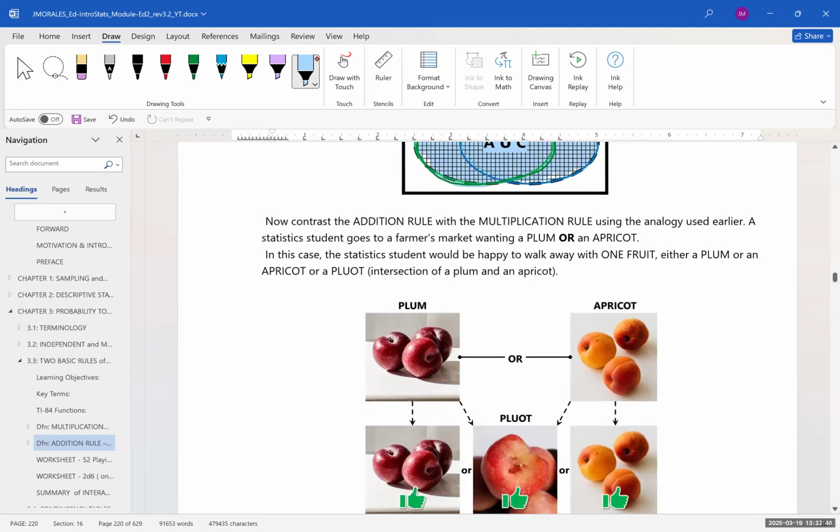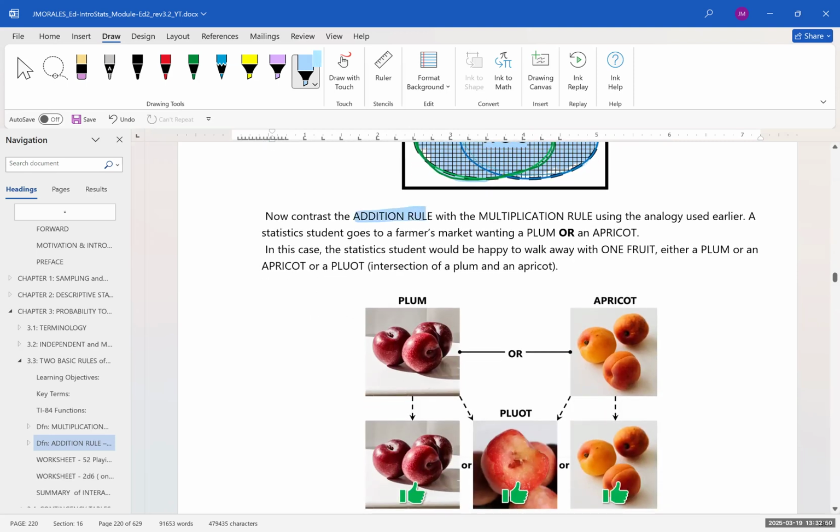Now, contrast the addition rule with the multiplication rule using the analogy that we used earlier. A statistics student goes to a farmer's market wanting a plum or an apricot. In this case, the statistics student would be happy to walk away with one fruit, either a plum or an apricot or a pluot, which is the intersection of a plum and an apricot.